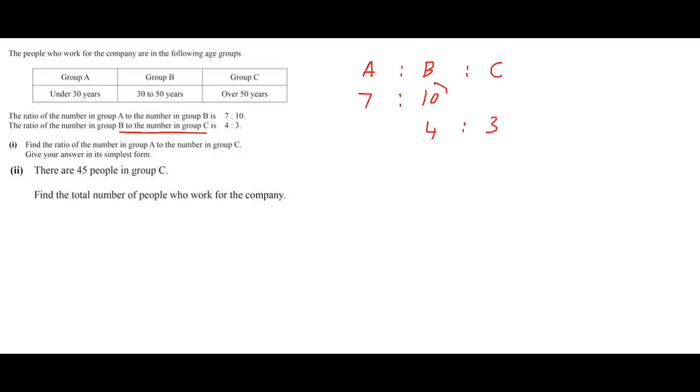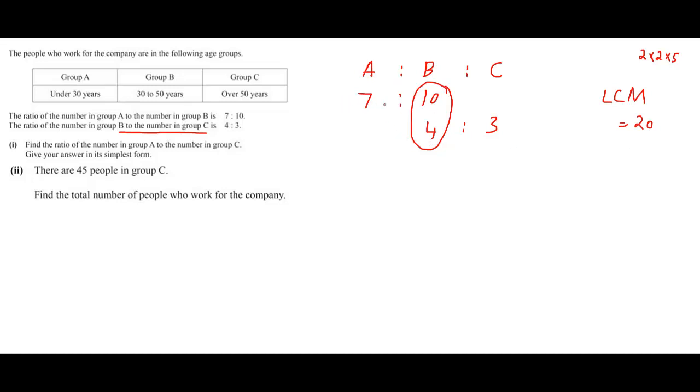So these must be the same. Right now these are not the same. So how to make them the same? We have to check the LCM of these two numbers. So LCM of 10 and 4 is 20. So we will make both of them 20.